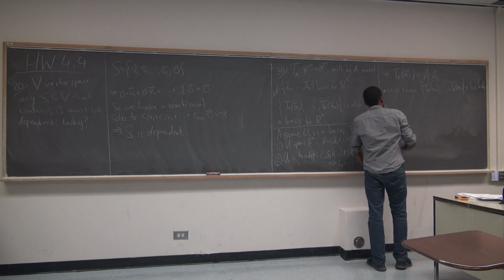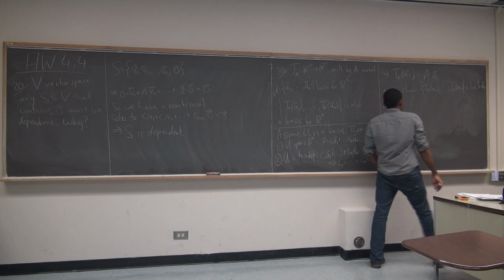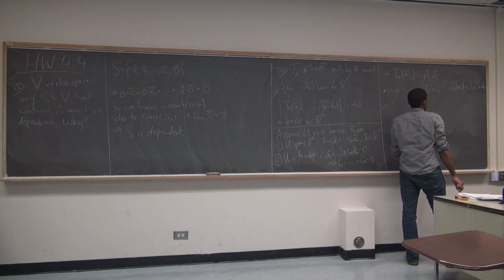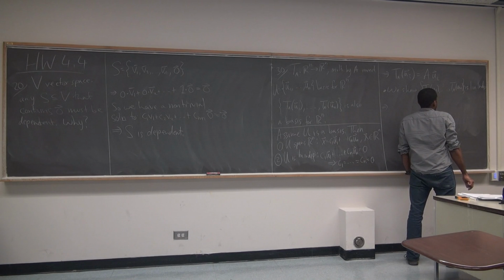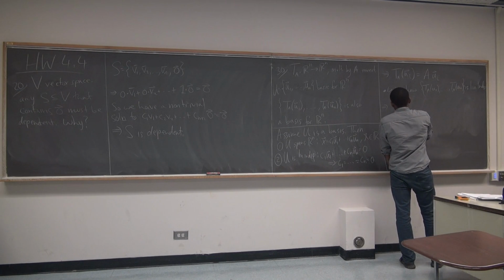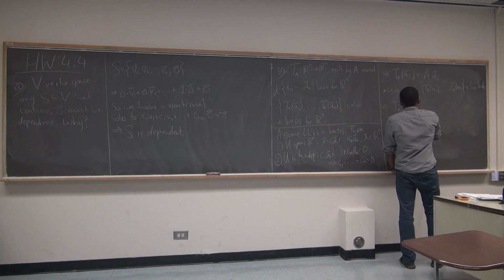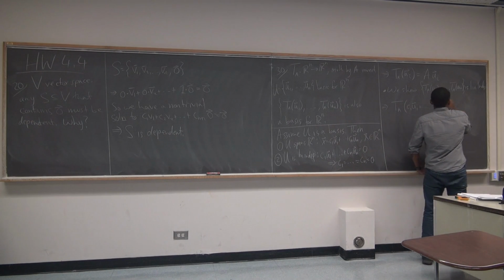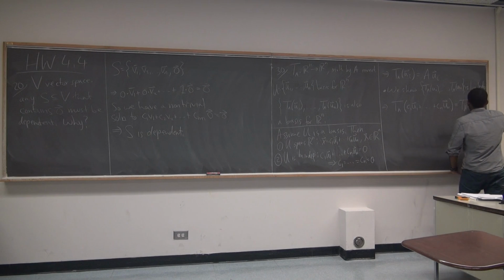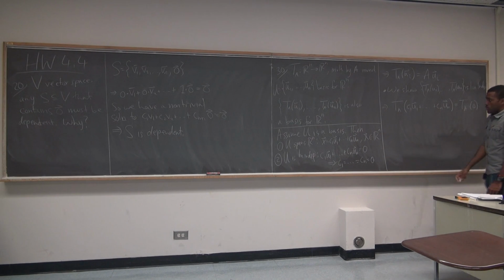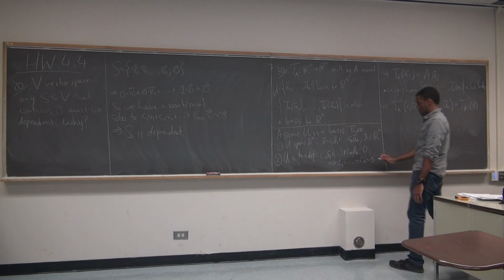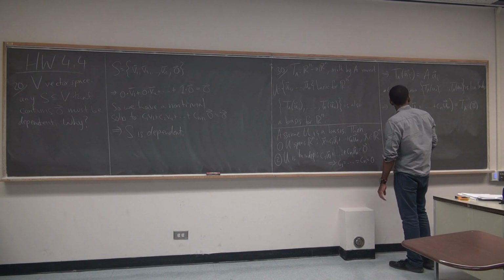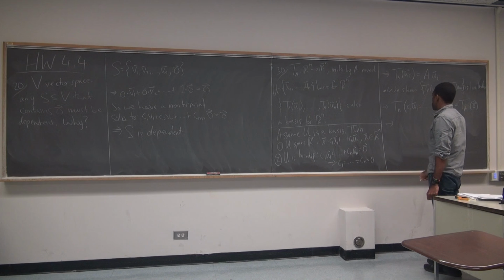Now what were you saying? T_A of c1u1... on the left side of the equation you can apply T_A, which means you multiply by matrix A. The right side is T_A of 0, the zero vector, and the left side is A times c1u1 plus cnun.